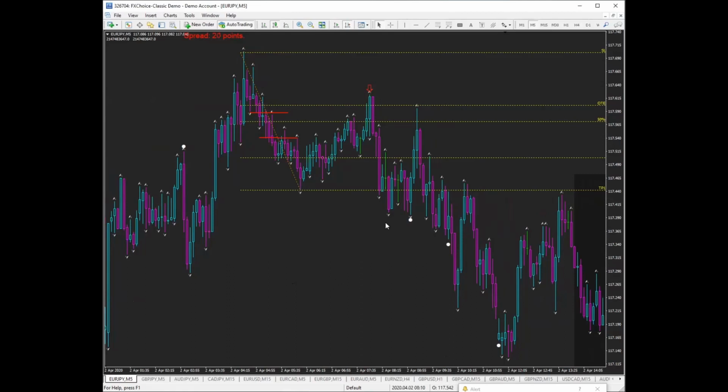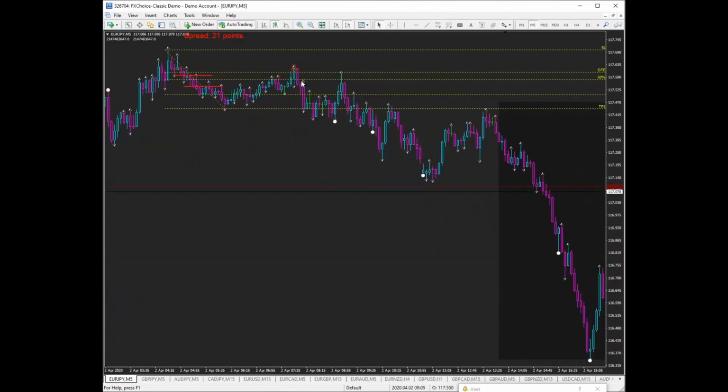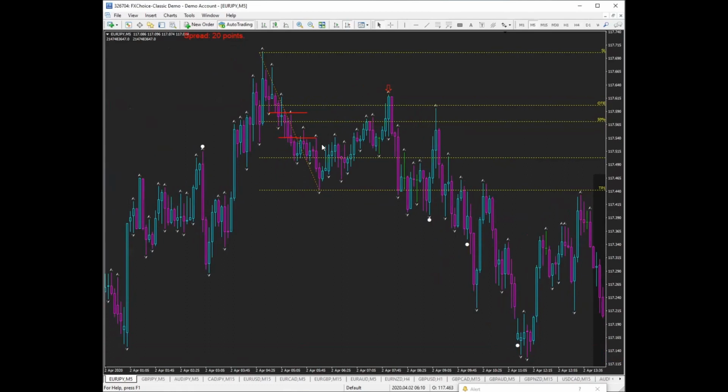The reason why I wait for a 62% retracement is because I want less of a stop loss. Good idea. And it will get you out of some trades. What you could do, you can measure from here to here.